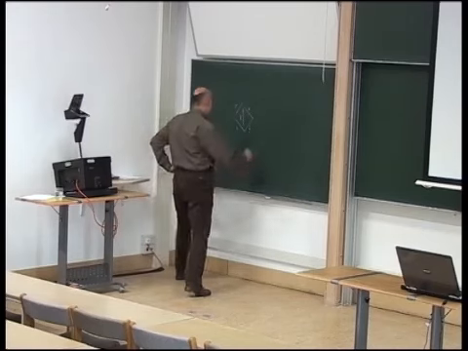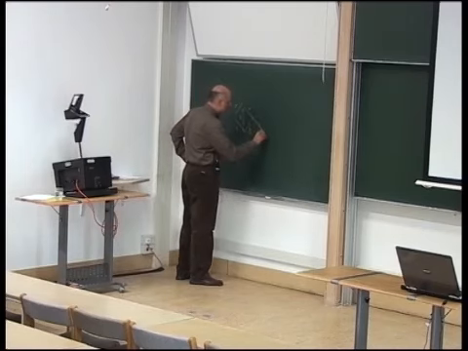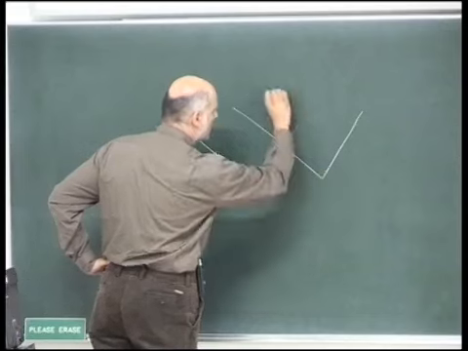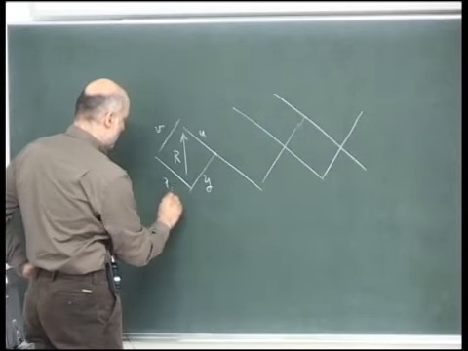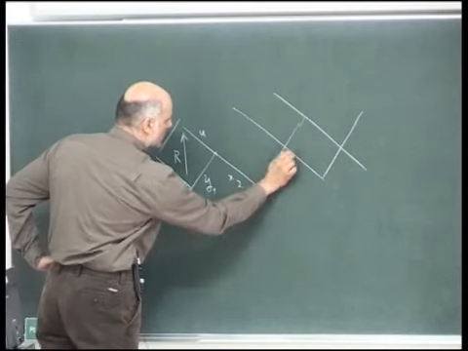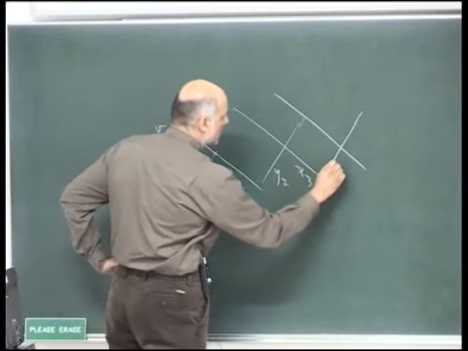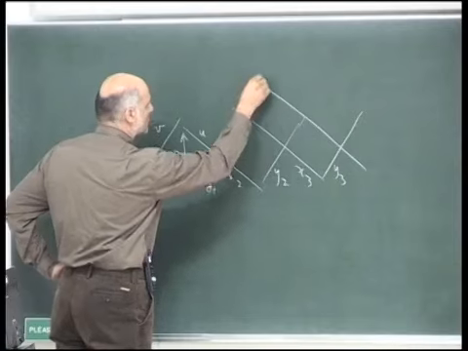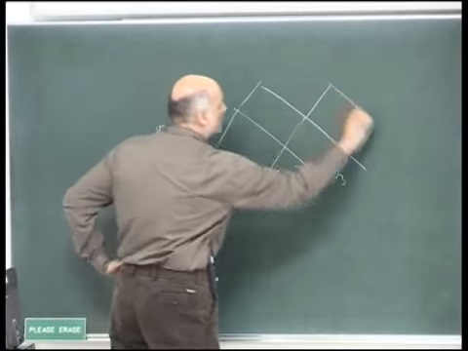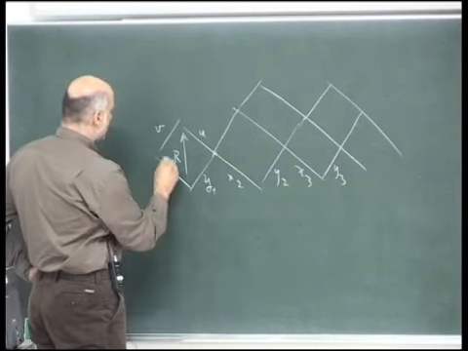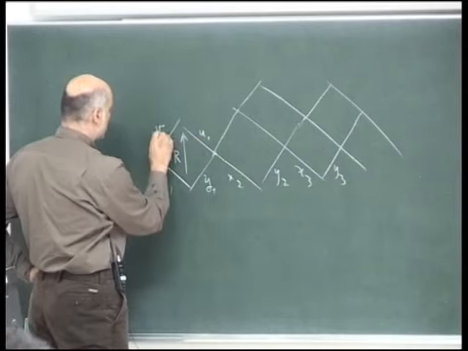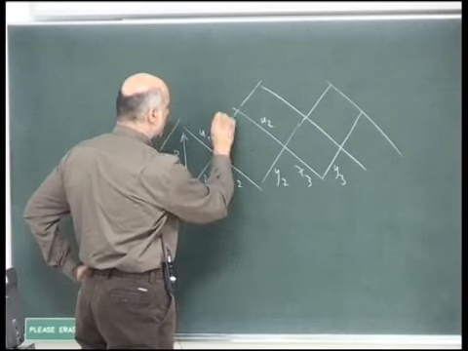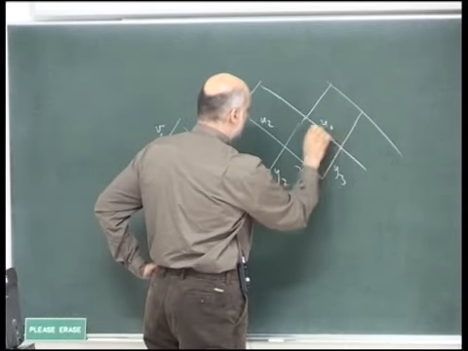However, if we couple these mappings in the following way, so here we have U1, V1. Here we would have U2, V2, U3, V3.